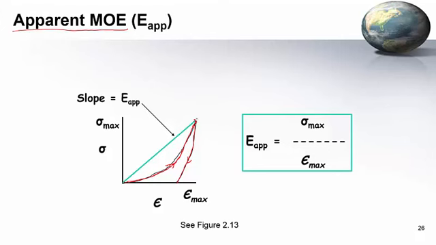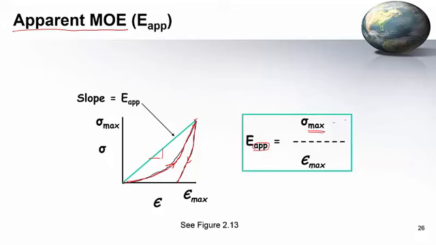We pick a point, typically the maximum point, and draw a linear line and find a slope. And just because it's not a Hookean solid, we use the term apparent modulus of elasticity, which is equal to sigma max by epsilon max.